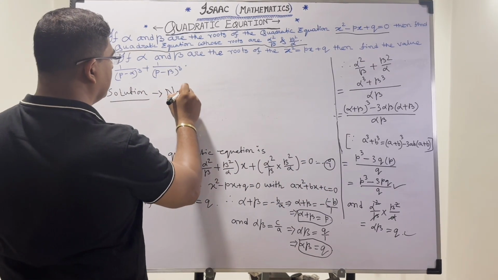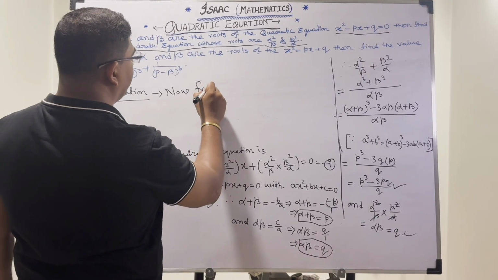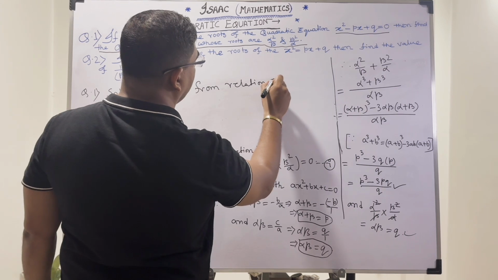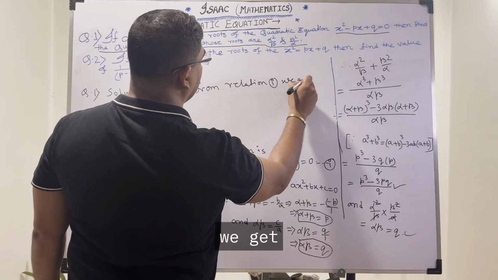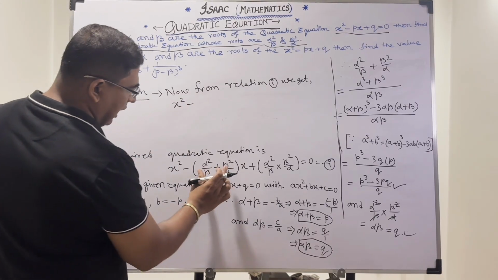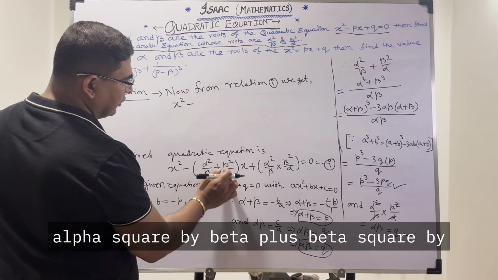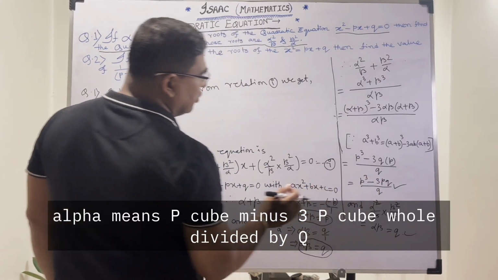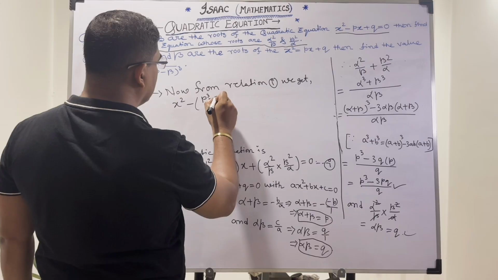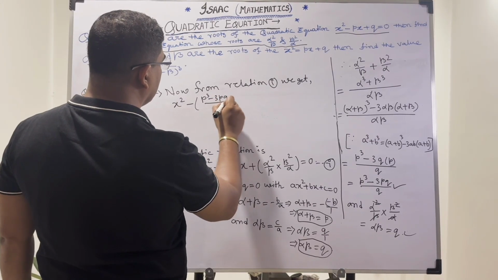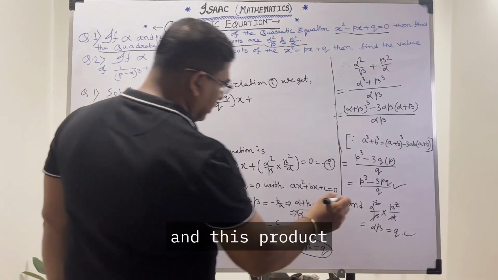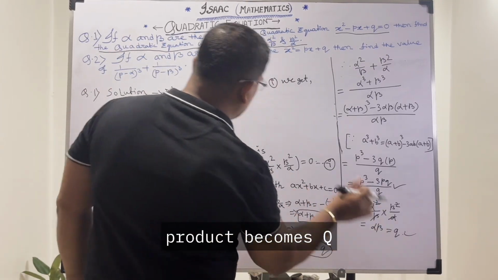Now from relation 1, we get x square minus (alpha square by beta plus beta square by alpha, which means (p cube minus 3pq) whole divided by q), this whole into x, plus this product becomes q.